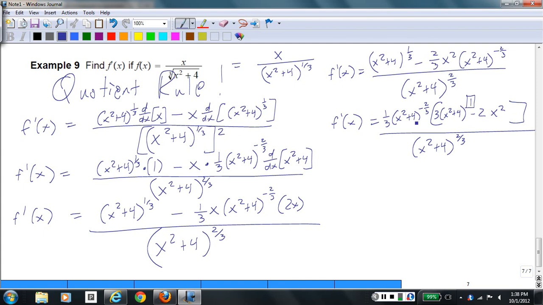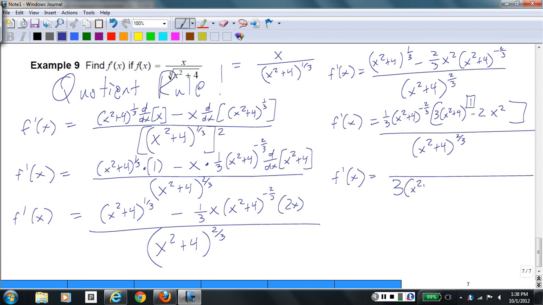All right. So let's do two things. Let's get the x squared plus 4 to the negative 2/3 and the x squared plus 4 to the positive 2/3 together somehow. We like positive exponents. So if we take that x squared plus 4 to the negative 2/3 and shove it down to the denominator, it'll look like this. Why don't we take the 1/3? That's like 3 to the negative 1. Shove it down to the denominator, we get 3 to the positive 1.